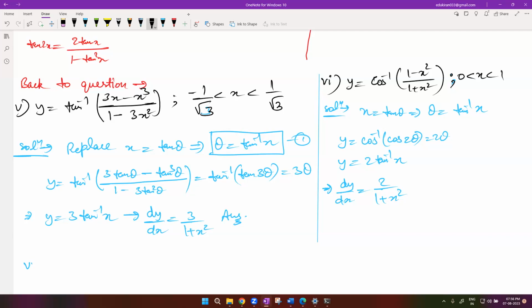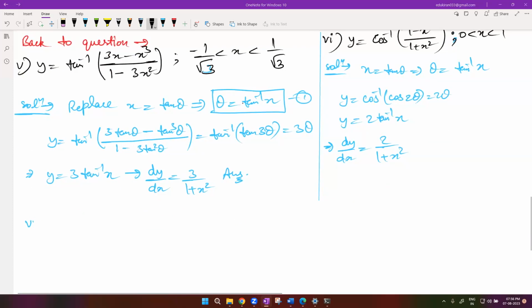Anyone? So I'm writing the question. If this was cos inverse, the substitution we know, right?